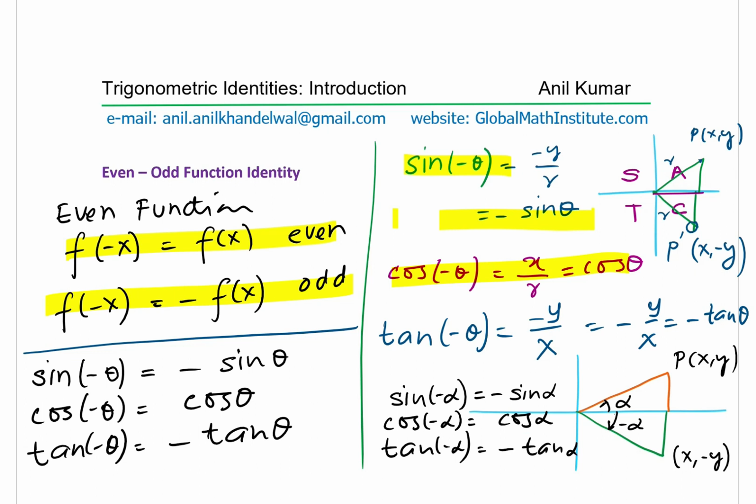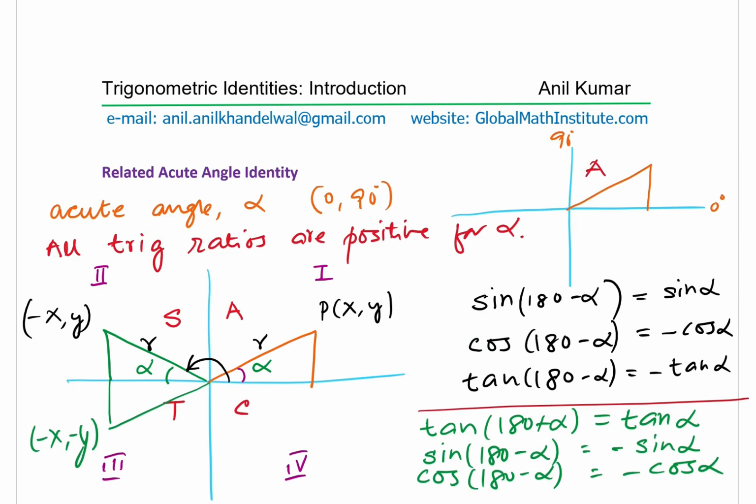The CAST rule also helps you get the same result, right? So you could apply the CAST rule and see that cosine is positive in quadrant 4, the rest are negative, and that helps you prove this particular identity, which could also be referred to as a related acute angle. So in that case, it is 360 minus alpha, right?